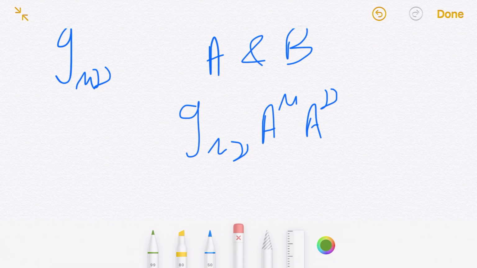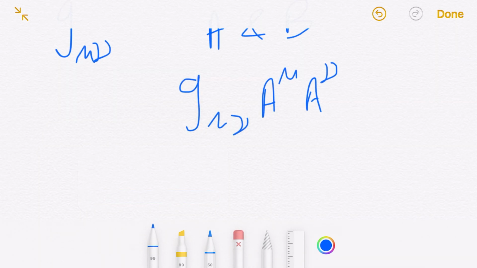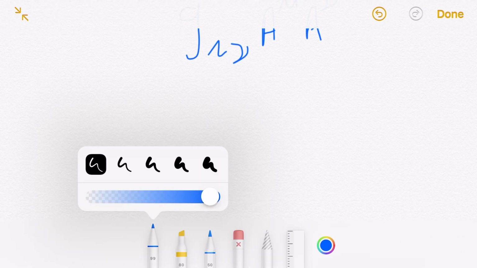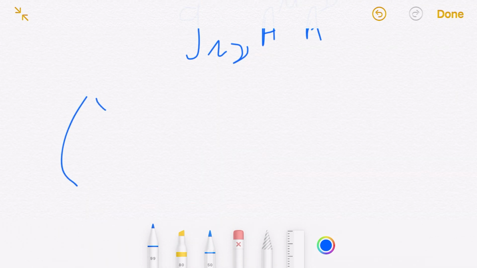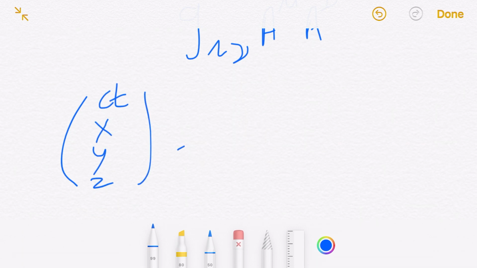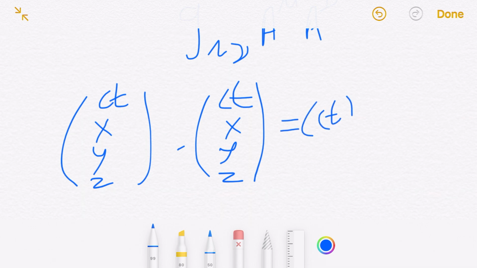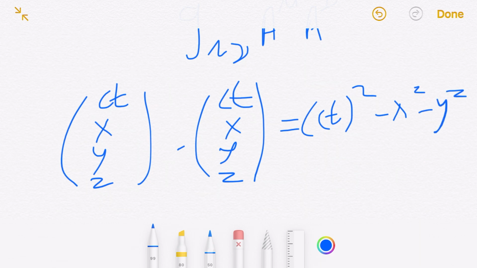exclude the summation symbols. For example, in Minkowski space, the dot product, suppose ct, x, y, z dot itself, is going to give us ct squared minus x squared minus y squared minus z squared.